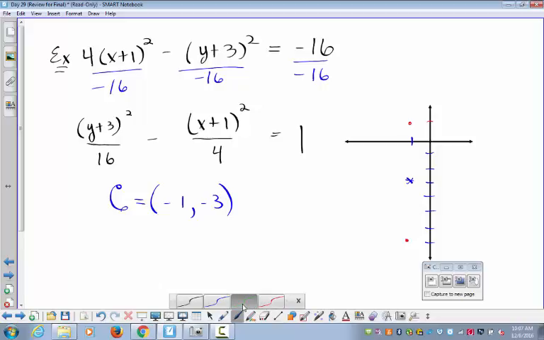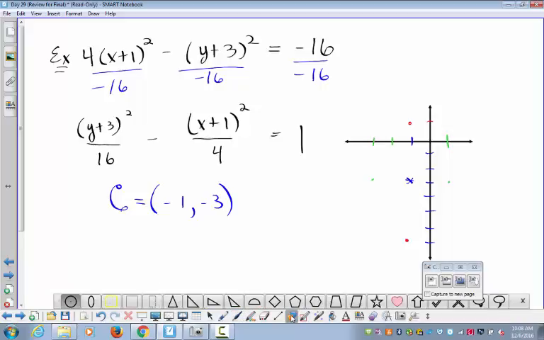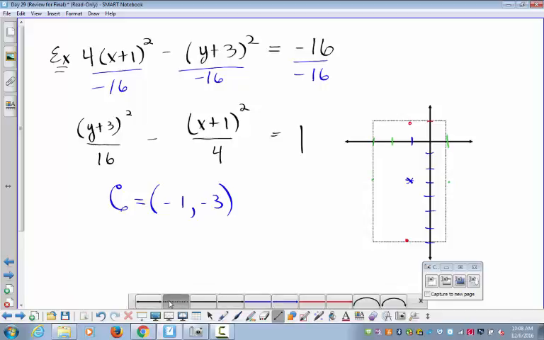And then to get to the endpoints of the conjugate axis, we're going horizontally how far? 2. So we'll come over here, and so we're putting points here, but technically these points are not on the graph, right? They're just guiding us. And then we'll draw a fundamental rectangle. Fundamental rectangle will be right there. Draw the diagonals.